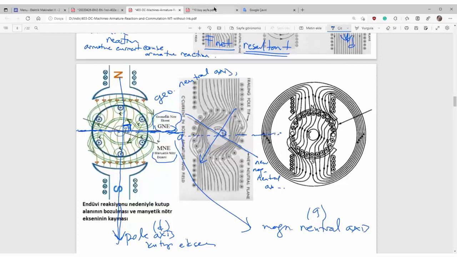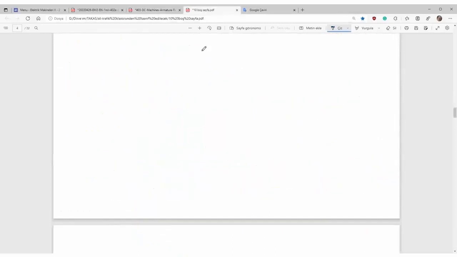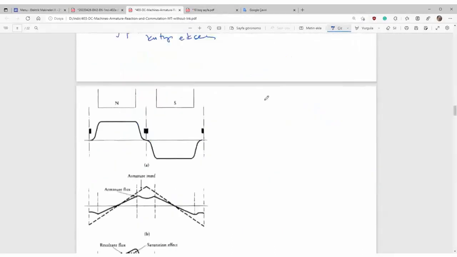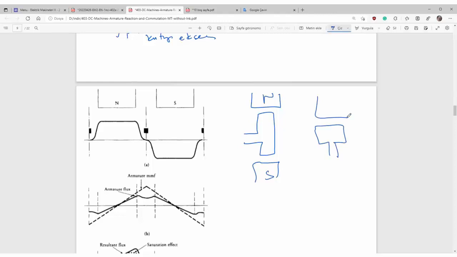One more figure. Remember, here's a coil. Here is the N pole, S pole. That is another position under the N and S pole. Here the EMF is 0 and here the EMF has maximum value.